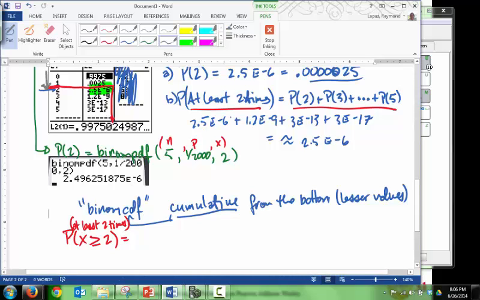What I'm going to do is in my graphing calculator, I'm going to say binomial CDF, n is equal to 5, p is equal to 1 over 2,000, and then I want to add up cumulatively from 0 to 1, and I need to stop at 1. But what I'm going to get is these two things added up together. What I want is the rest of them. So after I get this answer, what do I need to do?